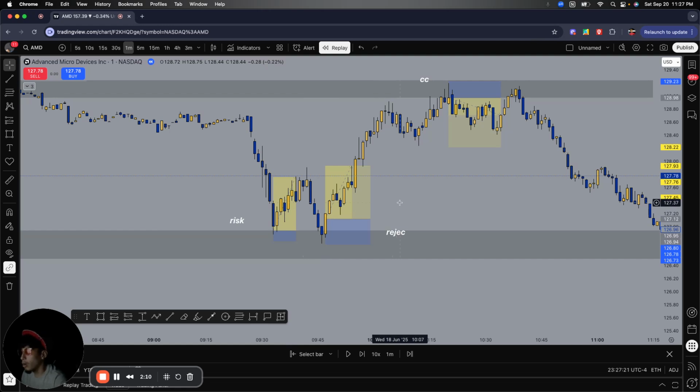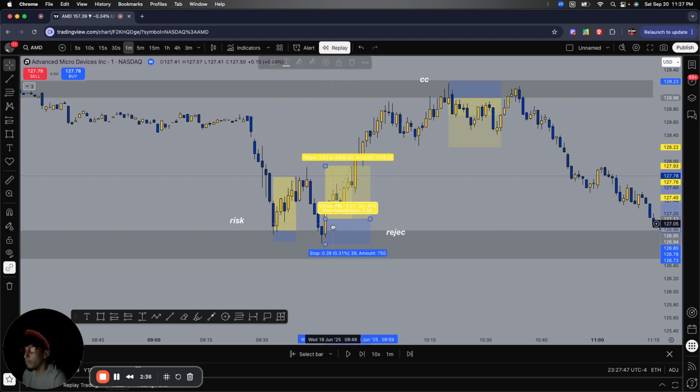Now, the next one is going to be a rejection entry. What is a rejection entry? A rejection entry is basically entering off of how the candlestick is reacting or rejecting off of that zone. So let's say we tap into the zone right here, like we did right here. And this one obviously didn't give me that good of a rejection, or it didn't close that good.